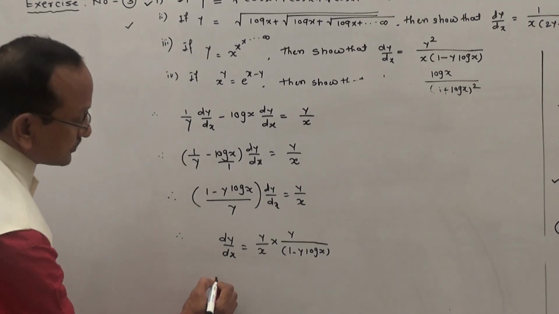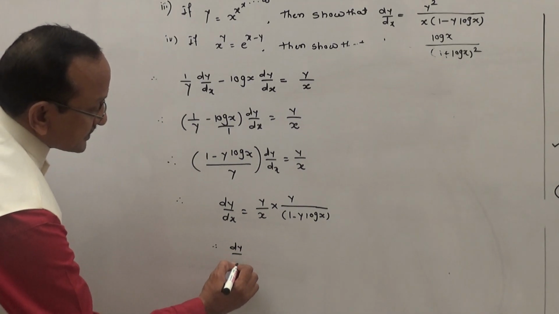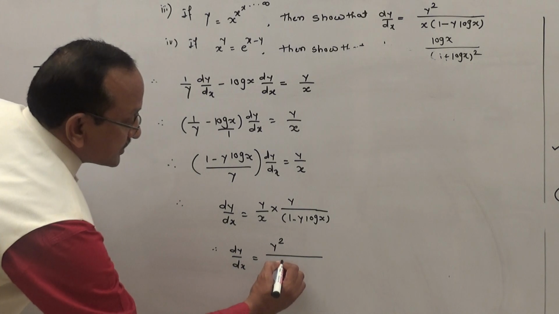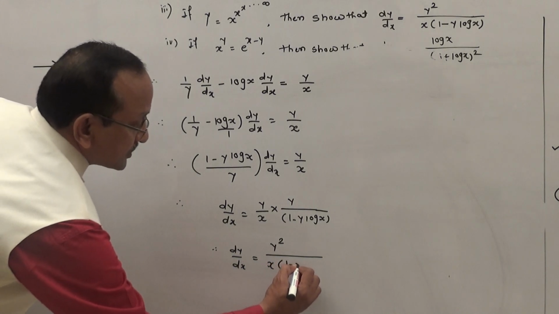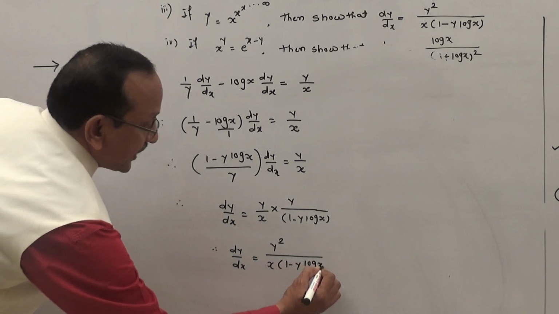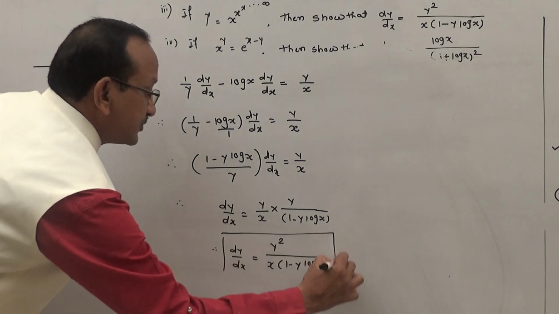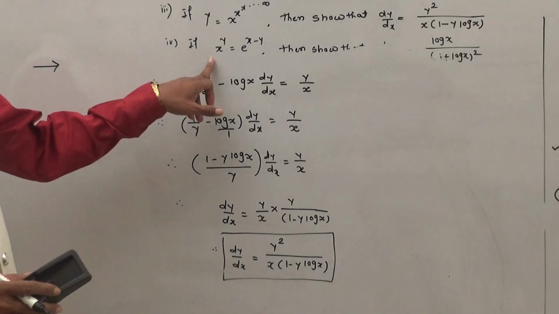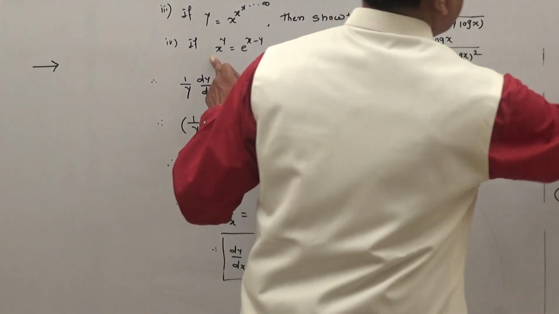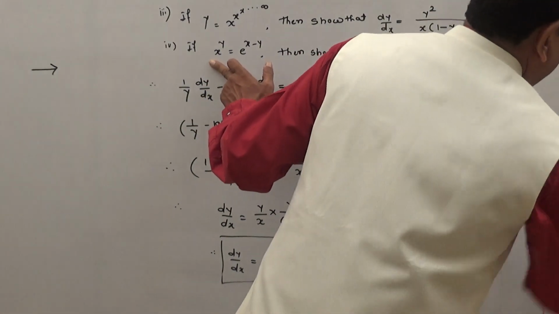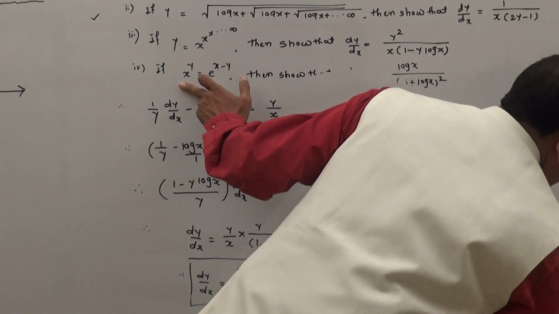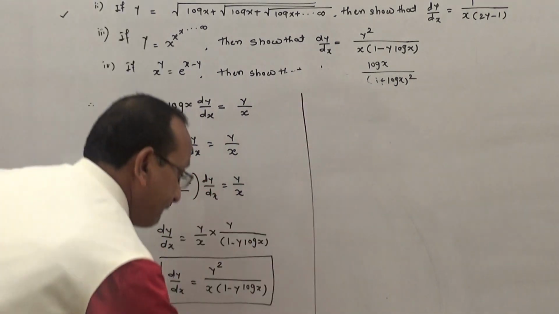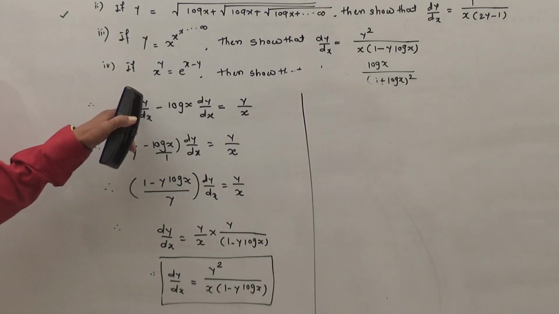Then dy by dx is equal to y square upon x into bracket 1 minus y times log of x, which is the requirement. Now lastly, take this example and see how to find it.